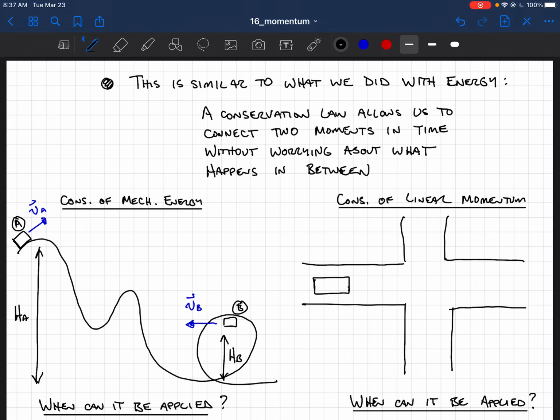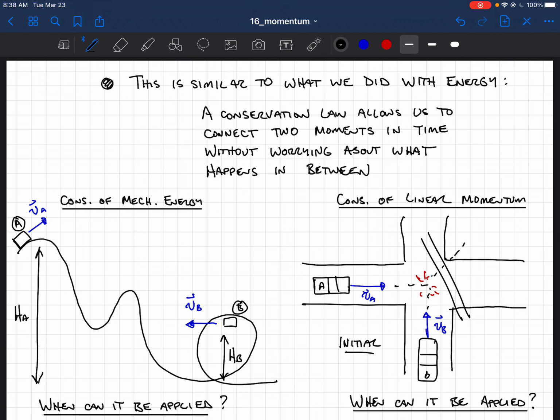And so this could be used for a problem like the collision of two cars. So you have two cars that come in with some initial velocities. I'm going to call them VA and VB for the A and B cars. So this is the A car and this is the B car. And instead of using A and B for two moments in time, I'll call this the initial moment, then they come in and they collide, and then we can talk about the final moment.